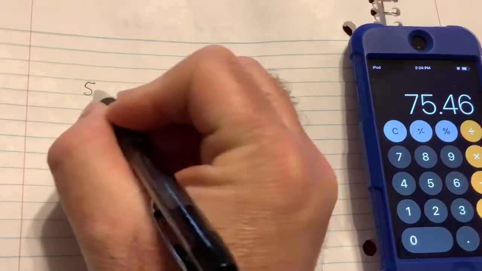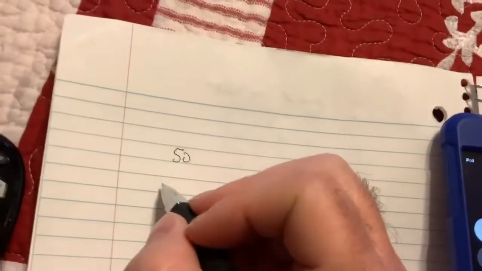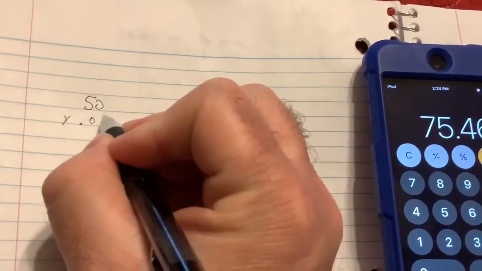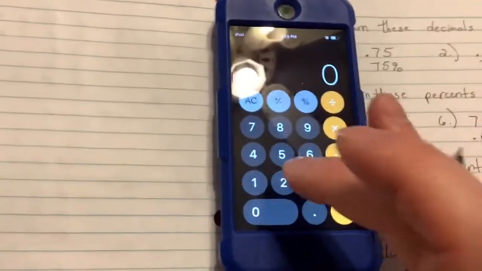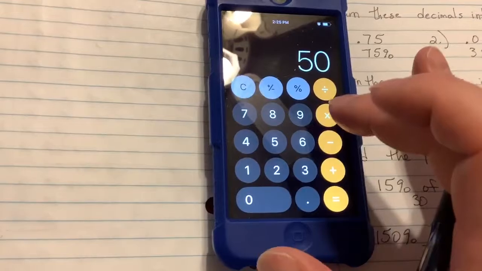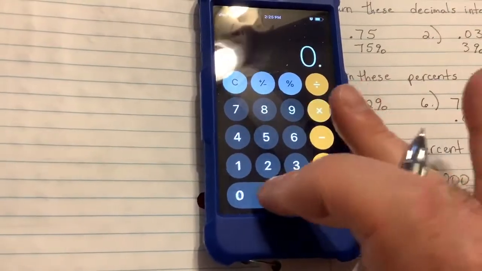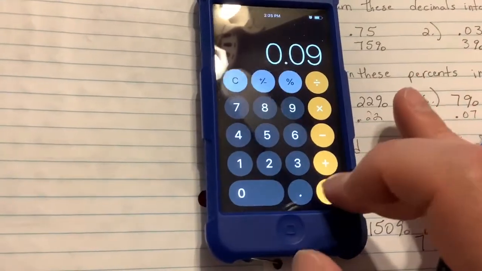I'm going to rewrite these numbers down so you see $50 times a 9% tax. Okay, so $50 times 0.09 is $4.50.